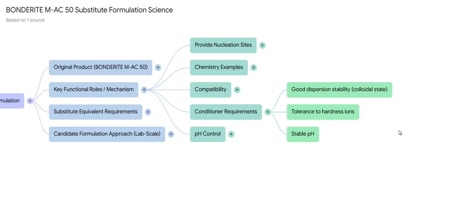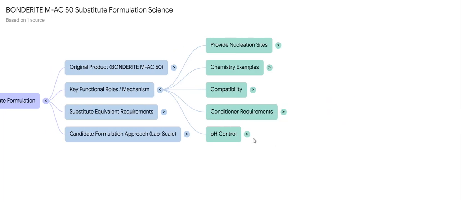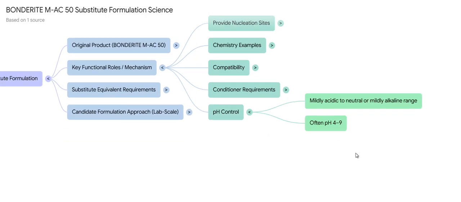Not only that, it should be stable in pH. Then, when we consider the pH control, it is in the mildly acidic to neutral or mildly alkaline range. Normally, the pH lies between 4 and 9.